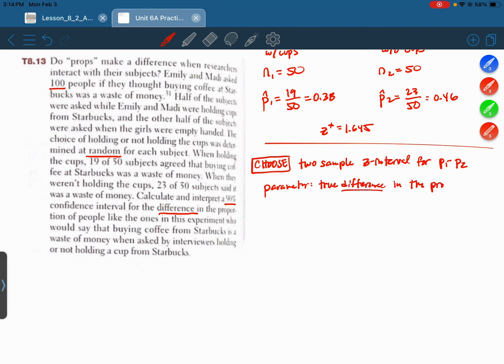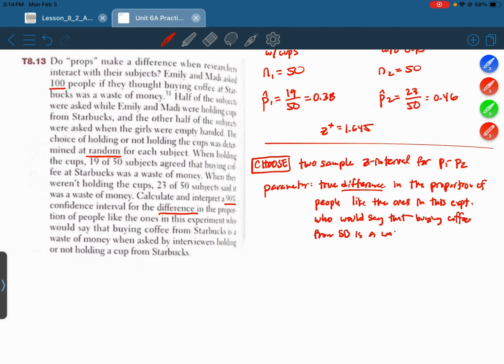In the proportions, proportion of people like the ones in this experiment who would say that buying coffee from Starbucks is a waste of money when asked by interviewers holding or not holding a cup from Starbucks.